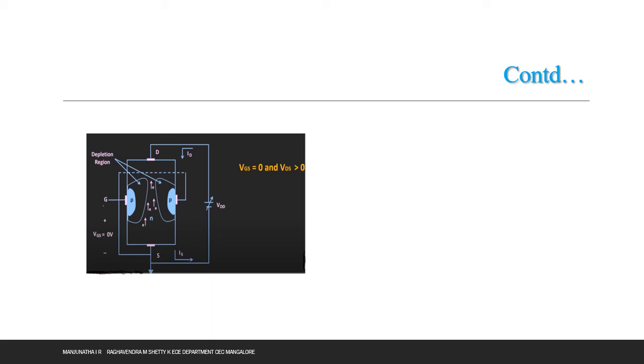When the depletion region is increased, it makes the channel width decreased. When channel width is decreased, the movement of electrons from source to drain will also decrease.